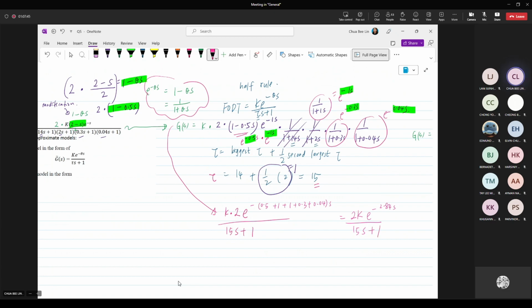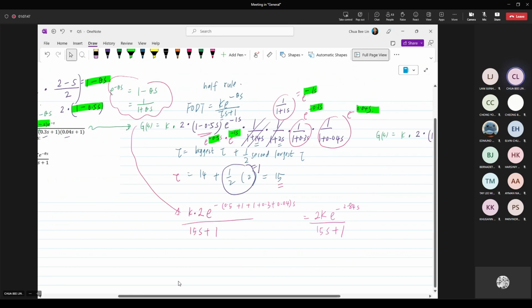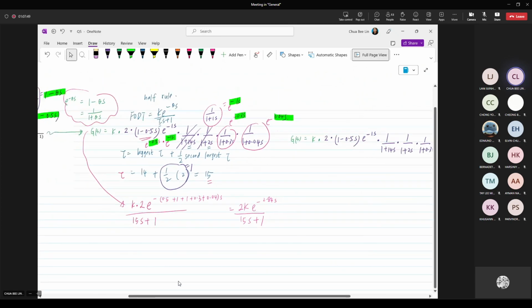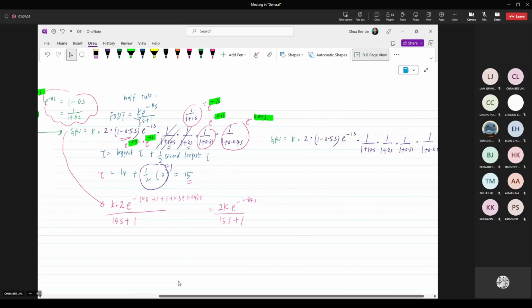For second order, I do it here so you can compare. Second order means ke negative second order theta s, the top will be the same, over tau 1s plus 1, tau 2s plus 1.